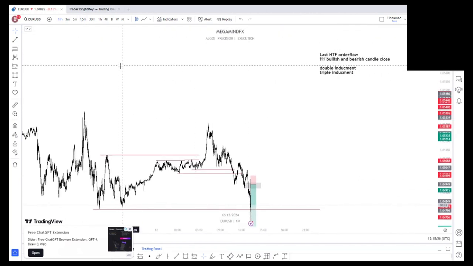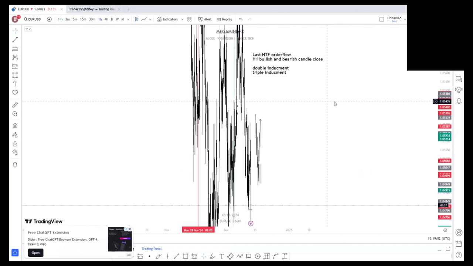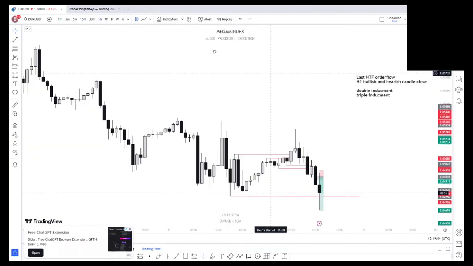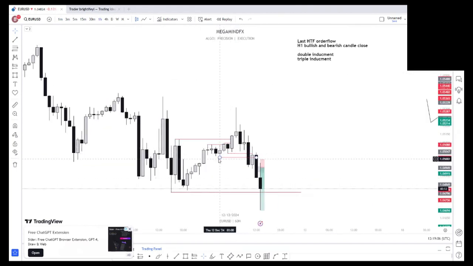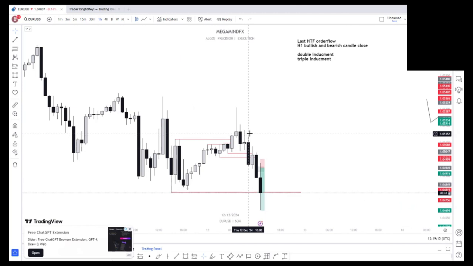I don't trade if it's not an H1 bullish or H1 bearish candle close. If you go to your H1 right now, we've marked out all the H1 bearish candle closes, bullish candle closes, buy to sell, and sell to buy, correct? Yes, we've mapped out all of these structures.